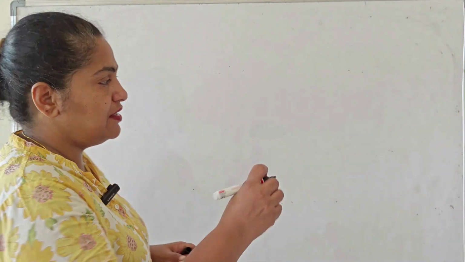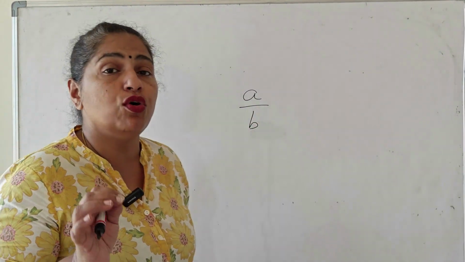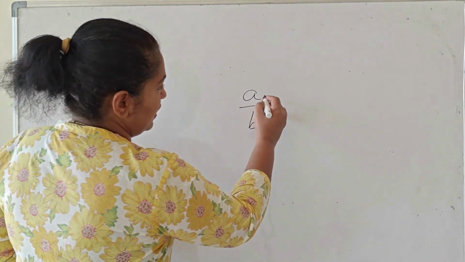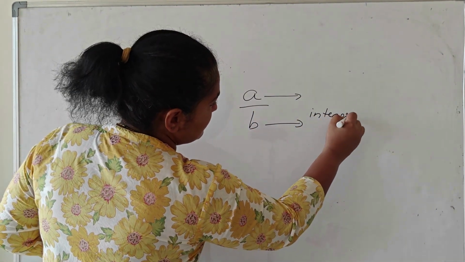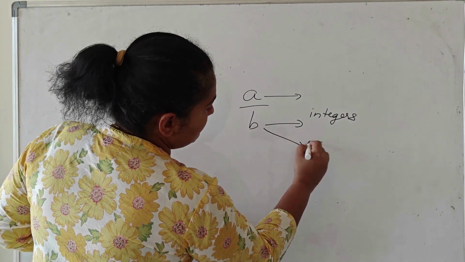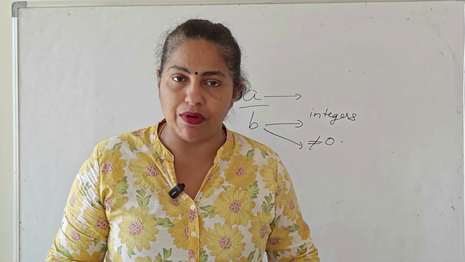So this is very easy. Any number that can be represented in the form a by b, where a and b are integers and b is not equal to 0, is called a rational number.